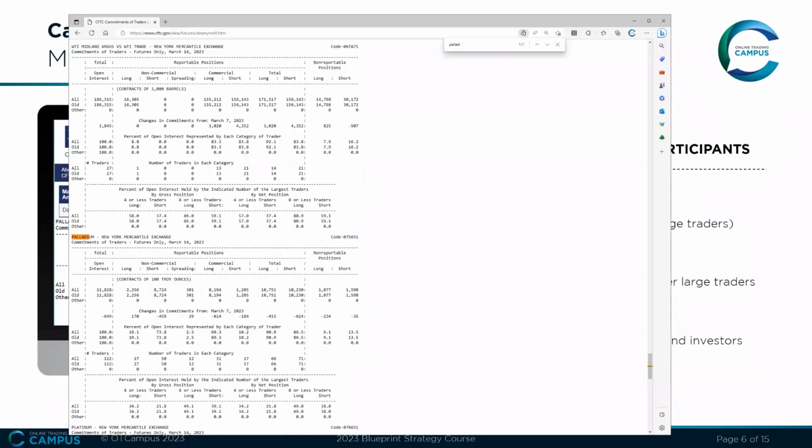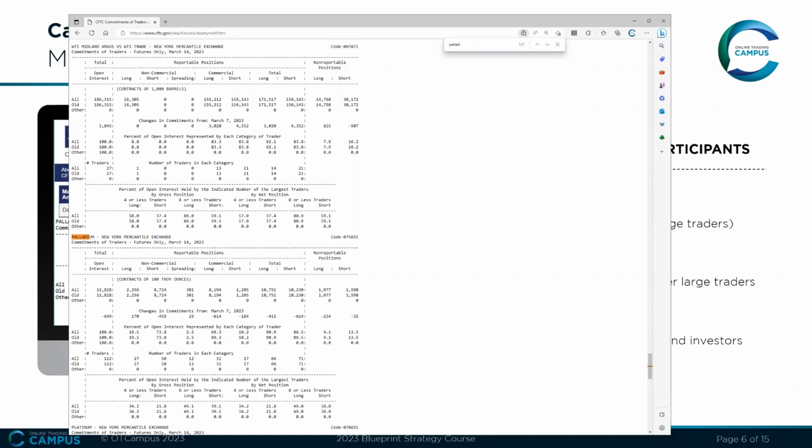So if we look at this here, for example, the commercials, who are usually the smartest money in the game, are the users and producers of these commodities. They're the biggest participant in the game. We can see total long positions of approximately 8,000 contracts and short positions of roughly 1,200 contracts.